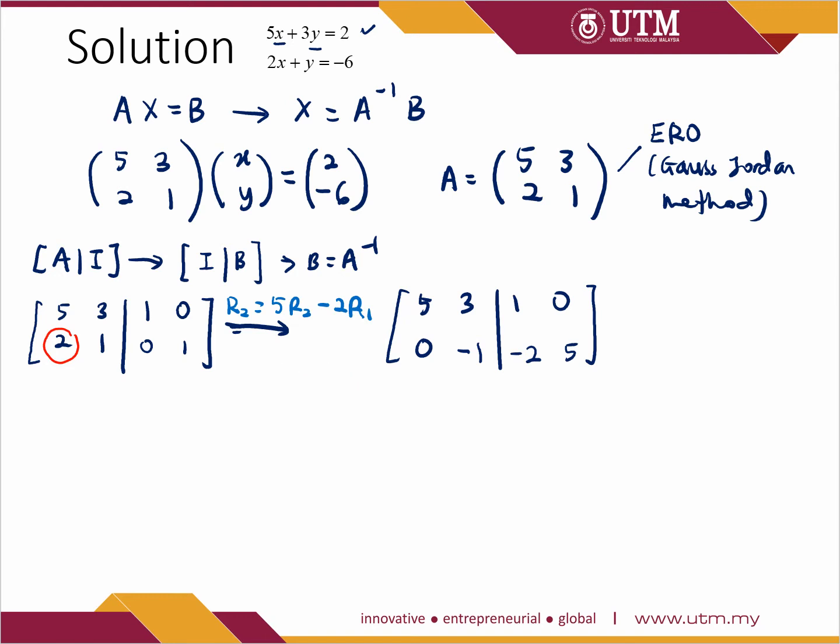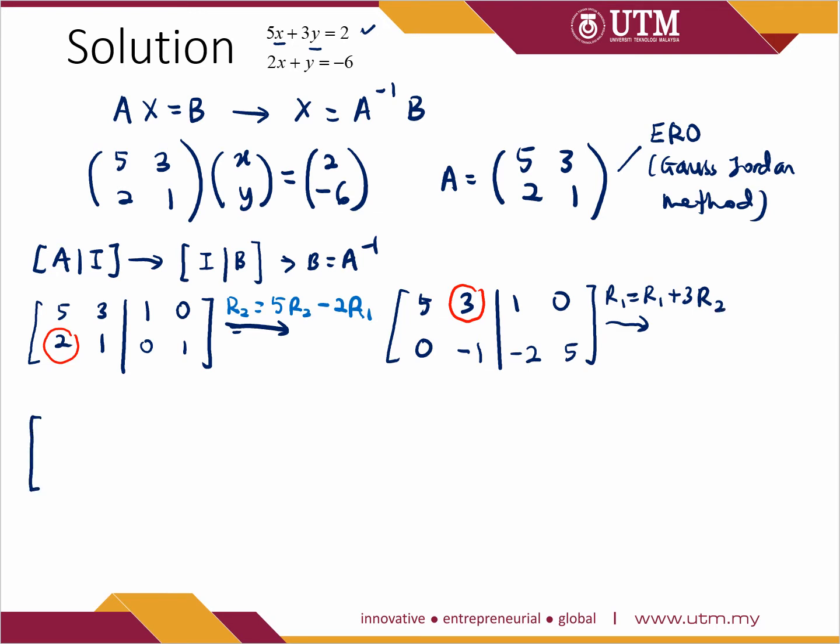Now the next step is to make sure that this element is 0. In order to do that, our row 1 should equal R1 plus 3 R2.